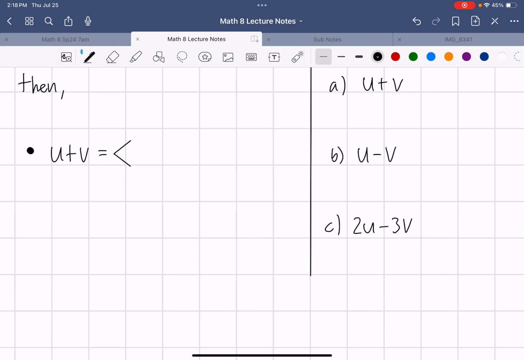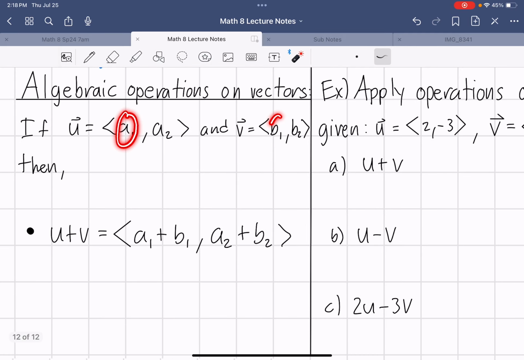All you do is take the x component of u, add it with the x component of v, and that gives you a new x component, and then you're going to do the same for the y component portion. You're just going to add the corresponding components to each other. So here now we'll maybe highlight with color to help emphasize this a little bit.